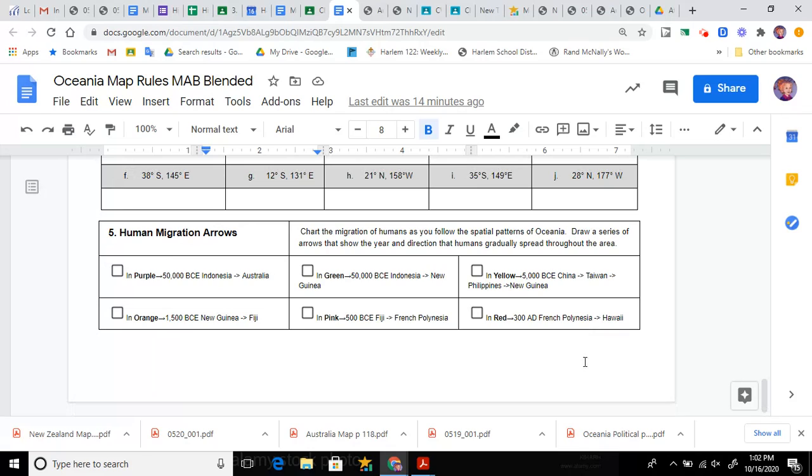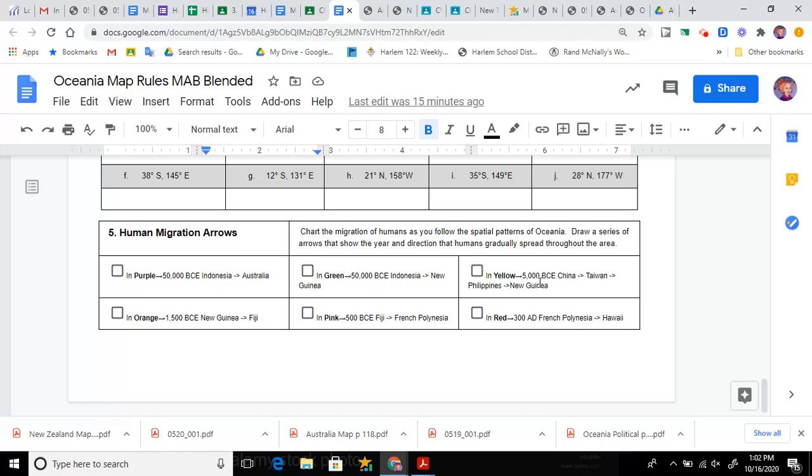Finally, step 5 has you creating human migration arrows. So the extra significance or meaning that you're going to convey through your map is how did humans get here and when? So there are various colors you're going to use here, and at different times they migrated from certain island groups to others.